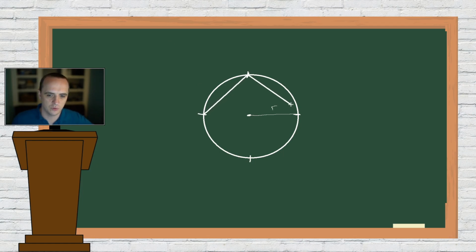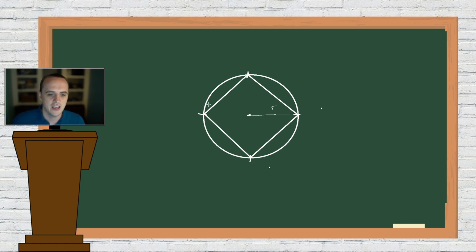Here's the first one, the second, the third, and the fourth. So the number of points is equivalent to the number of sides. With 4 points and 4 sides, you're effectively drawing a square.